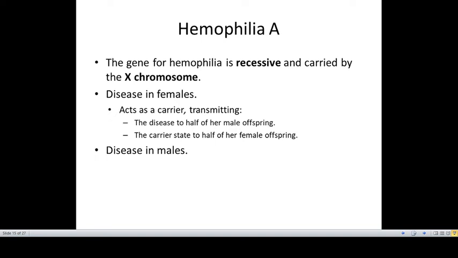Now, if one of her X chromosomes is deficient, she acts as a hemophilia carrier, transmitting the disease to half of her male offspring and transmitting the carrier state to half of her female offspring.